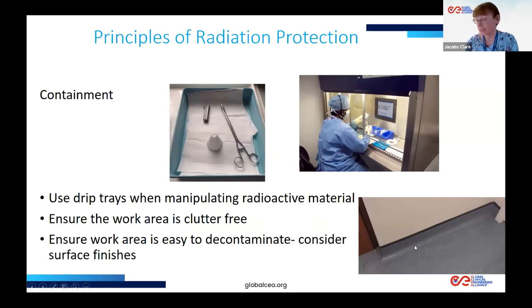We also consider this in the design of the facility, and bottom right you can see some laminated flooring in the controlled area, which is a continuous floor, so you reduce the amount of gaps and interfaces where contamination could be difficult to reach.